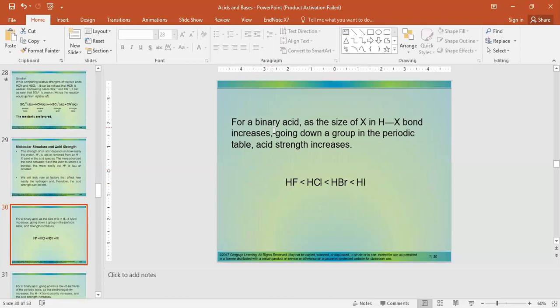When we talk about a binary acid, the size of the bond increases along the group in the periodic table, and therefore the acid strength increases. Let me illustrate that.